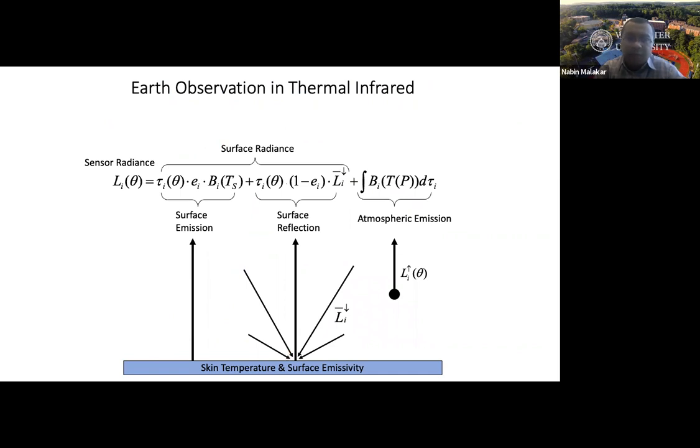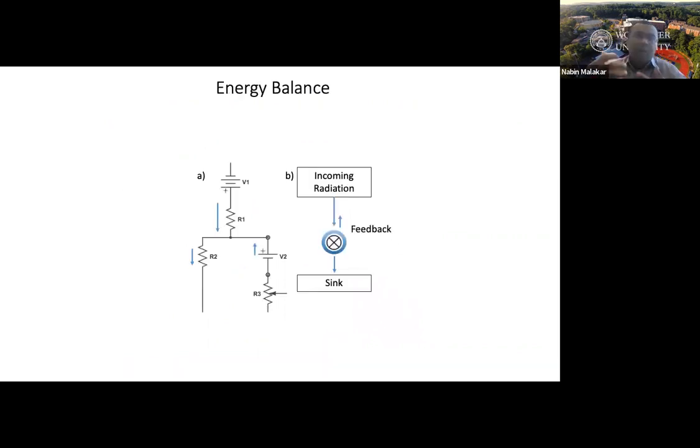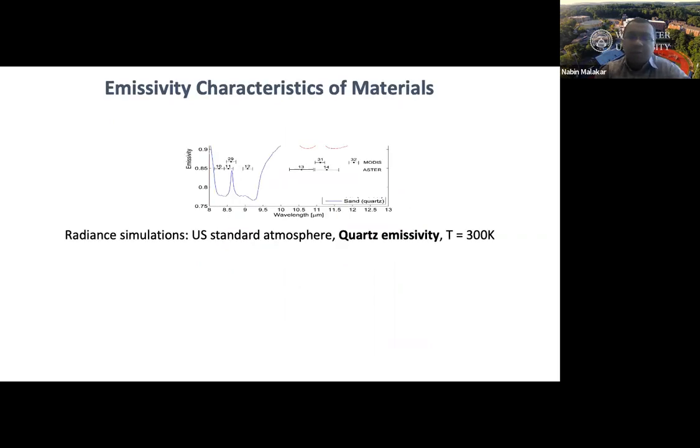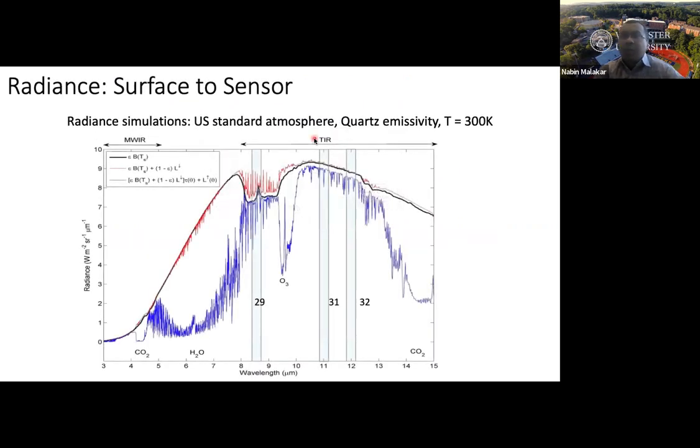So if you think of this like a circuit, right? The incoming energy is distributed in different ways. And if you know the feedback from different parts, you can tell how our system is responding and how we can use that. As an example, if you're looking at the emissivity of quartz, like the sand, and you are trying to trace it in different wavelengths, and you're looking at the radiation that you can sense at the top of the atmosphere, right?